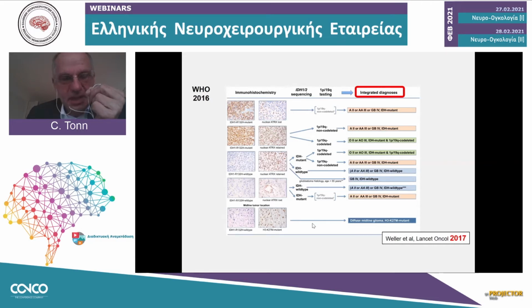And another kit turned up, and that was the diffuse midline glioma with a special mutation, H3K27M. These were restricted only to midline tumors, which is brainstem, thalamus, basal ganglia, but also the spinal cord. And this is a very small fraction of tumors, obviously with a completely different clinical course.